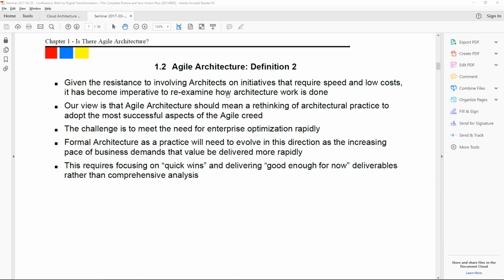And so we have a second conflict between architects and the Agile approach. Architects want to take time and make best decisions. Agile wants to make decisions quickly that are changeable, right?